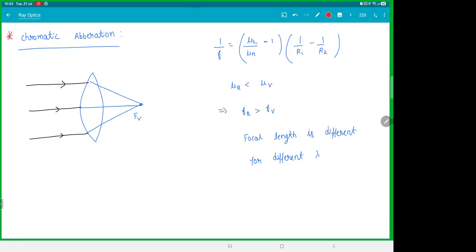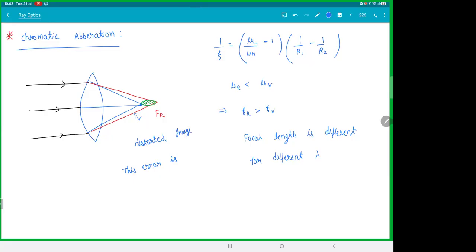The red will go even a little farther. So the image you get will be distorted. You won't get a proper image. This is your aberration. This is happening basically because of the wavelength. So this error is called chromatic aberration.